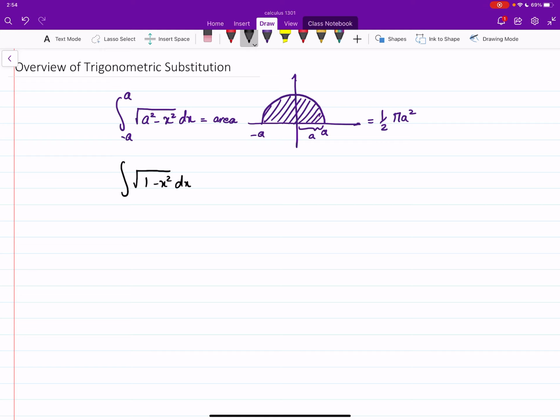Specific limits would help us translate it in terms of the area of a semicircle and so on. But what if I don't have any limits, and what is the antiderivative of root 1 minus x squared?